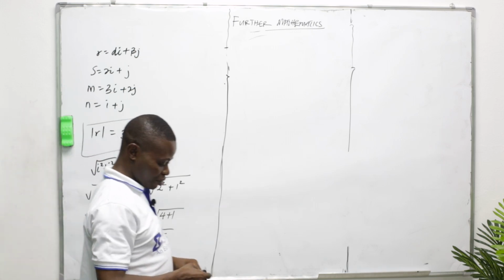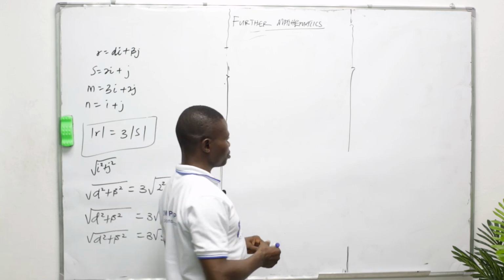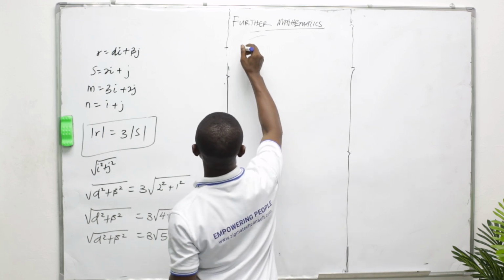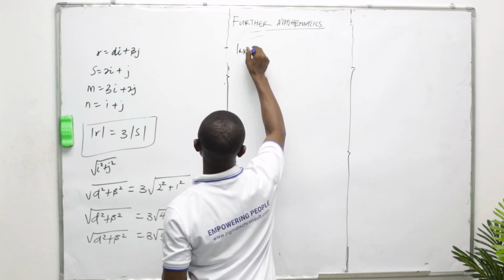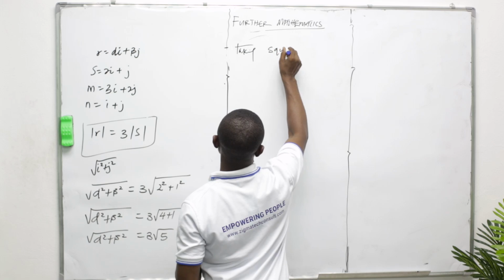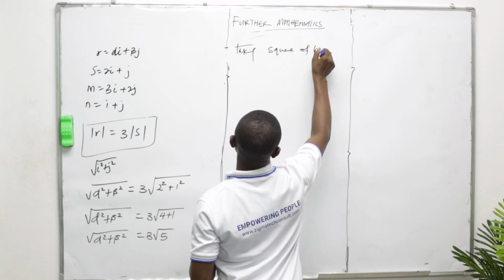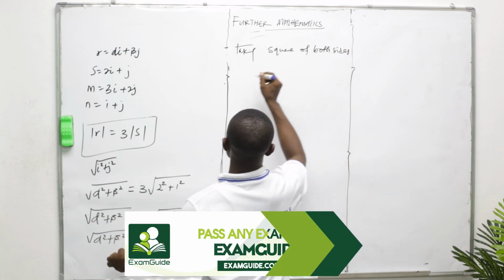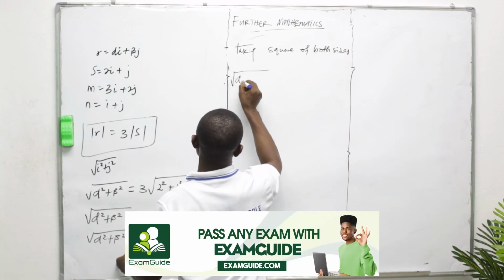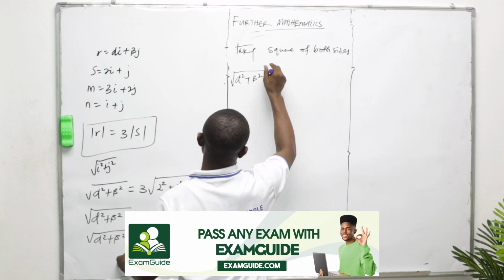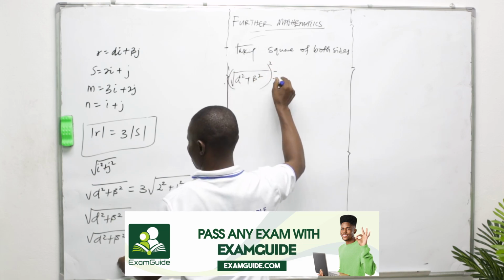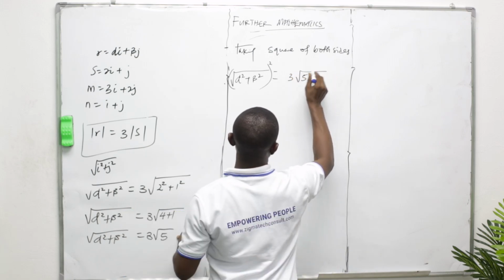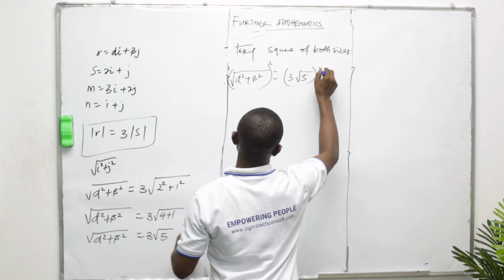The next level here now, we are going to take the square of both sides. That is, the square root of alpha squared plus beta squared, all squared, equals 3 root 5, all squared.